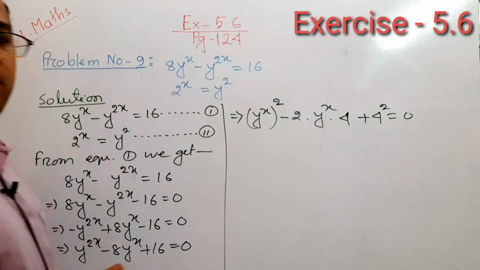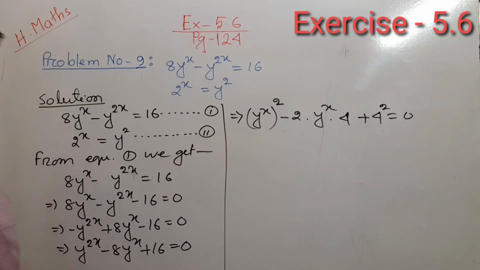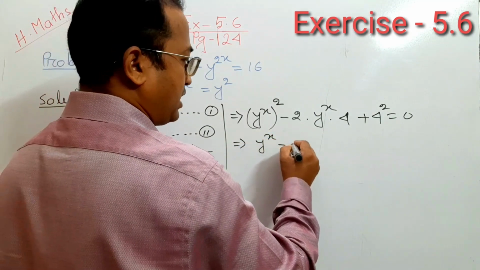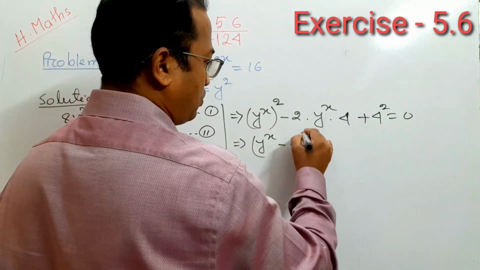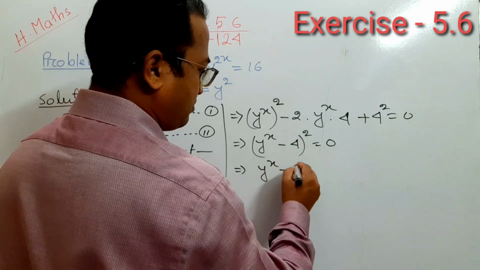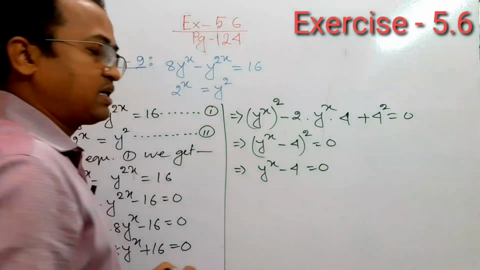So it becomes the formula of (a minus b) whole square, that is y to the power x minus 4 whole square equal to 0.